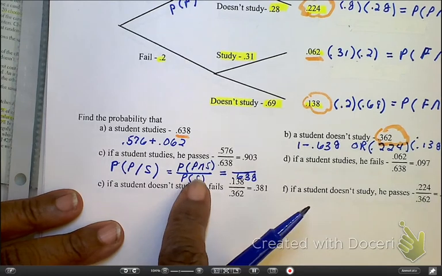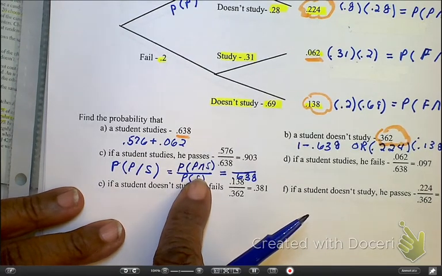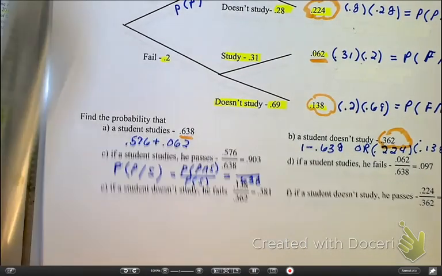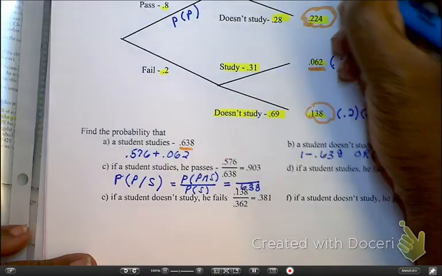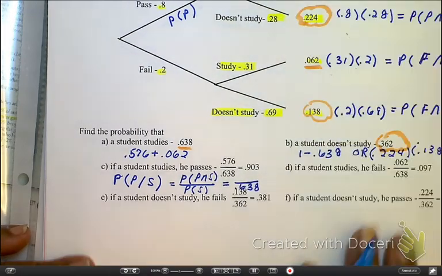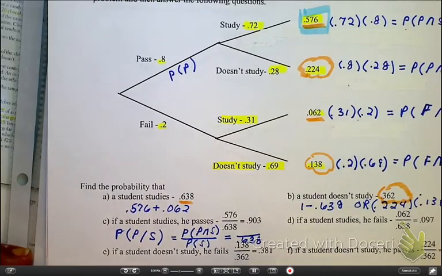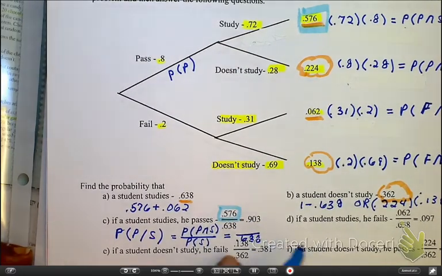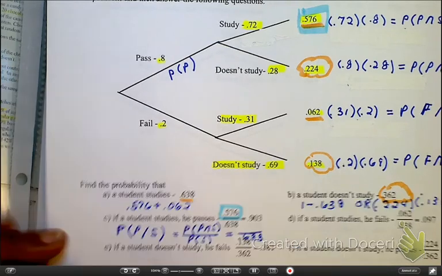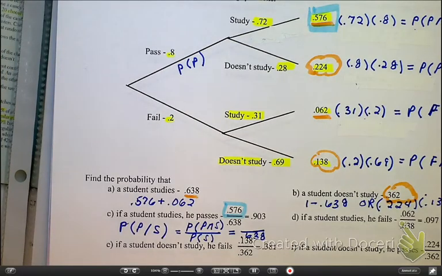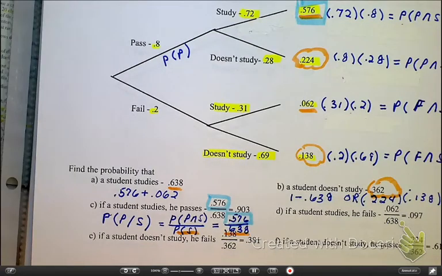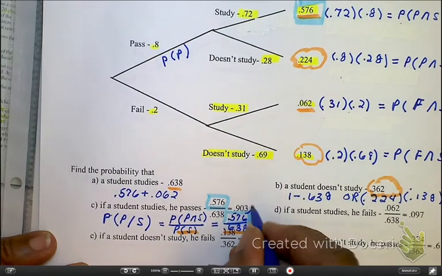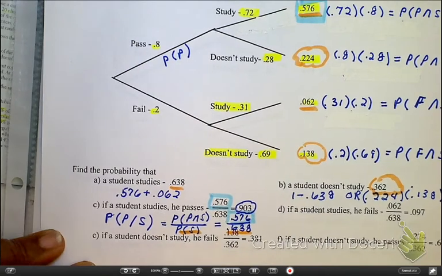It's the probability where you see pass and study, which is up here, over the probability of studies, which you saw that I underlined in orange. And you can see my final answer.